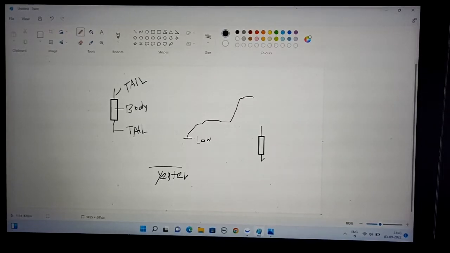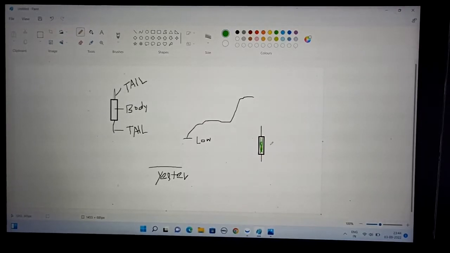This is the body, and this is the tail. Now we are going to color this. This is the brush. Suppose this is a green candle.